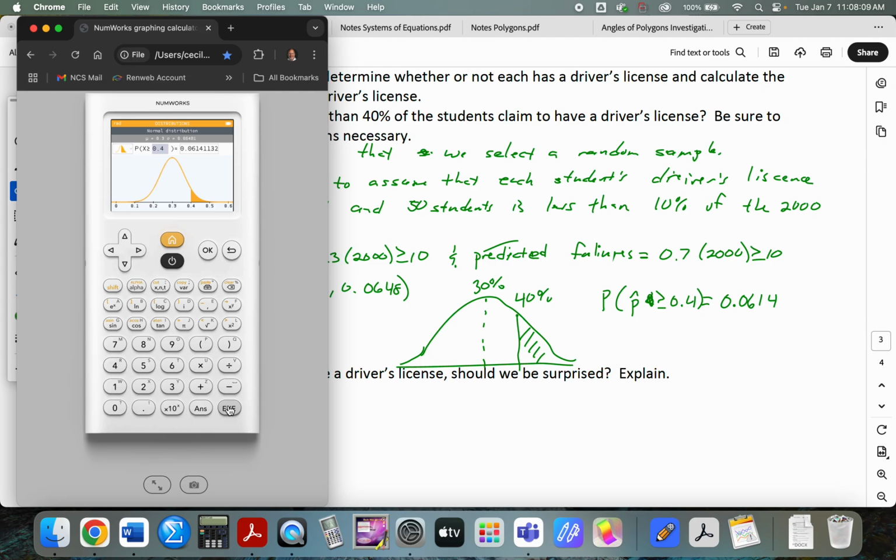So why would the 0.4 be on the other side? Because 0.3 is the mean. So 0.4 has to be to the right of that.